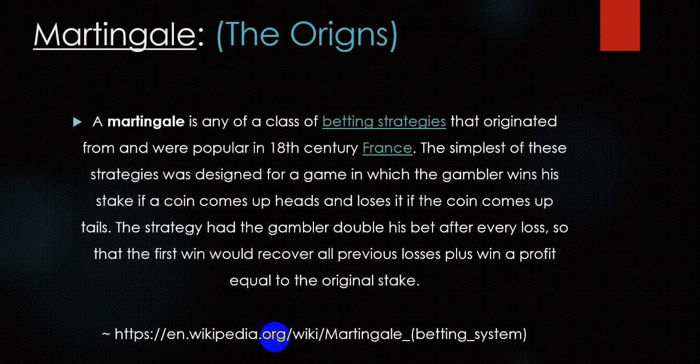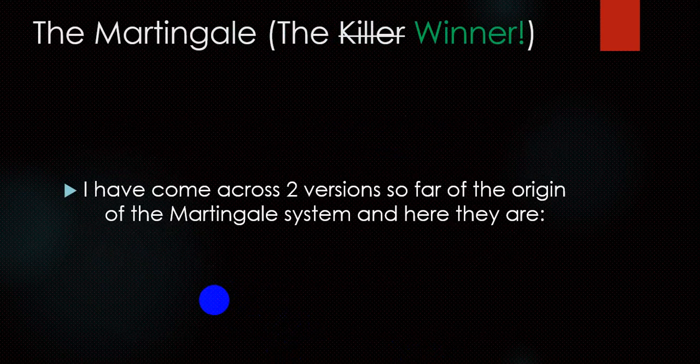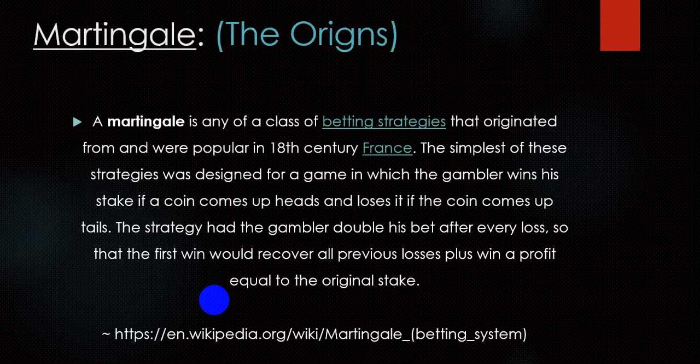I have actually come across 2 versions of the martingale system so far, and one is from Wikipedia, which doesn't seem as comprehensive as the other one that I found. It says a martingale is any of a class of betting strategies that originated from and were popular in 18th century France.